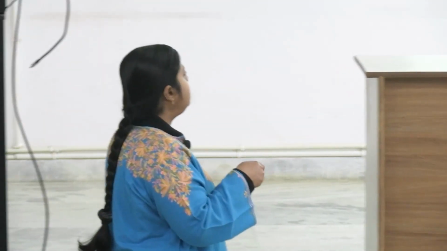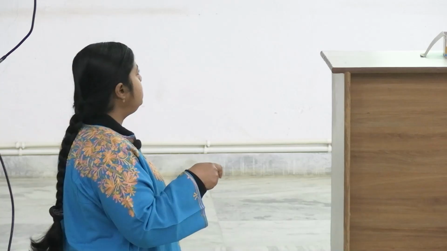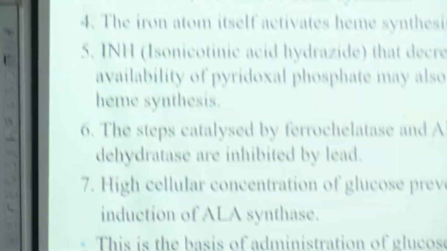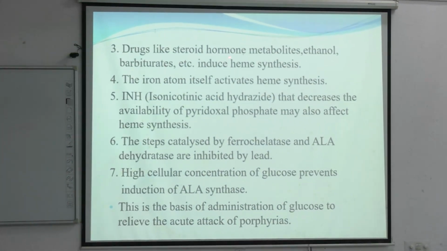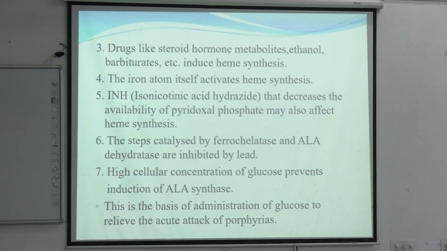Clear? Next, there are various drugs like steroid hormones and their metabolites, ethanol, barbiturates, that induce heme synthesis. Induce heme synthesis means they help run the pathway in a forward direction. Iron itself activates heme synthesis. So if our body gets free iron in ferrous form, the ferrous iron activates the heme synthesis pathway.